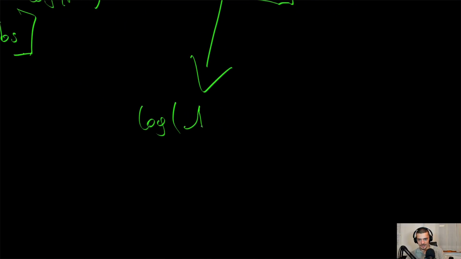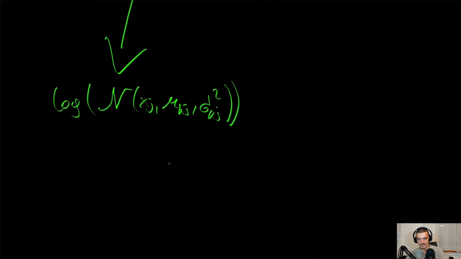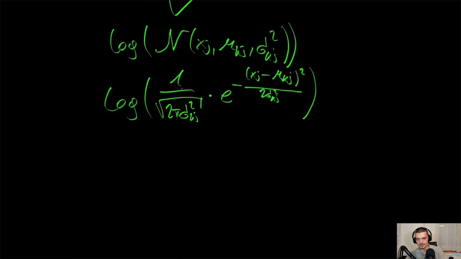So we have our fancy normal distribution with xj here as the value, with the mean for kj and the variance kj. That is what we're trying to calculate here. And what this means is it's the same as this huge term that we had before, this little thing here. So again, 1 divided by square root of 2 pi variance squared times e to the power of negative xj.